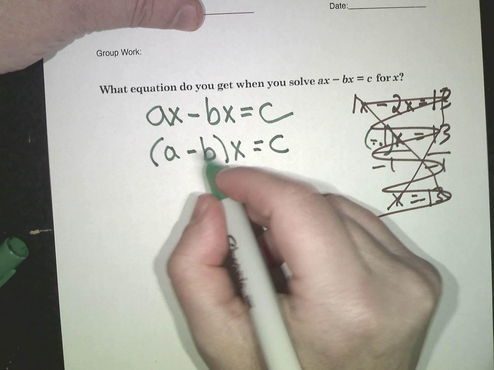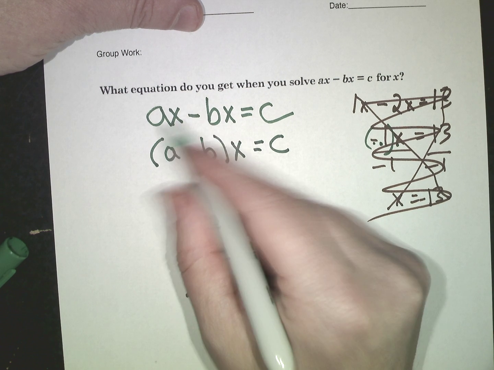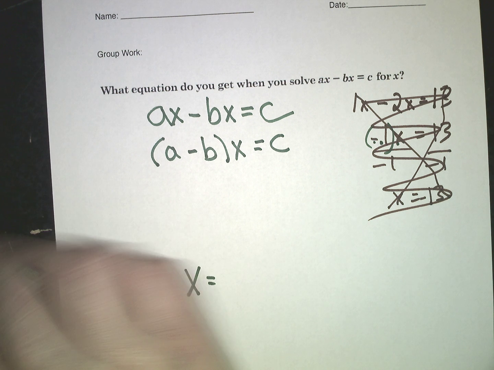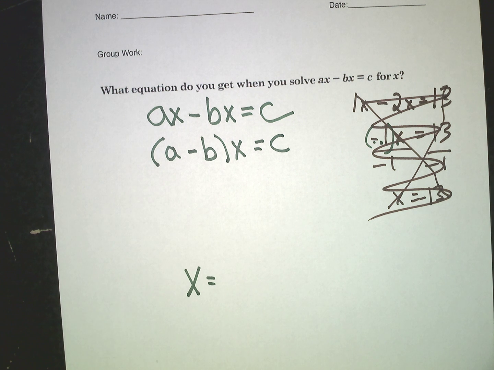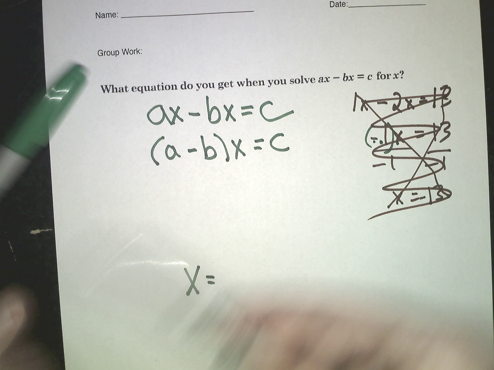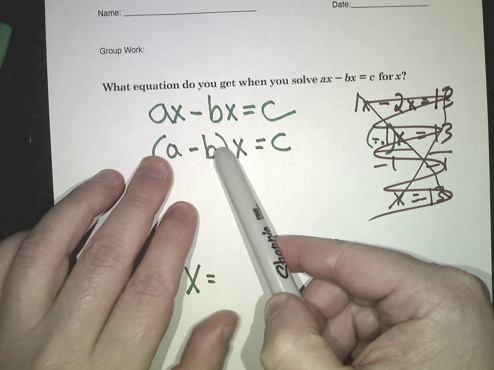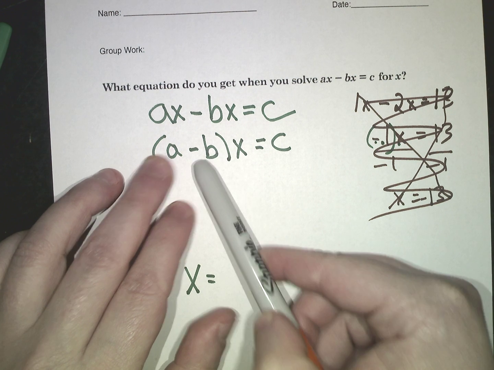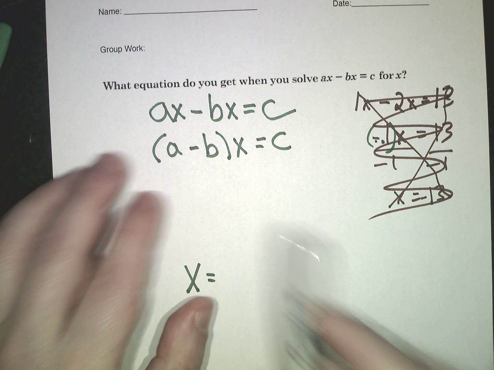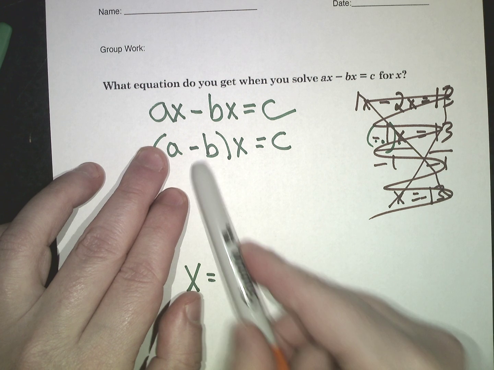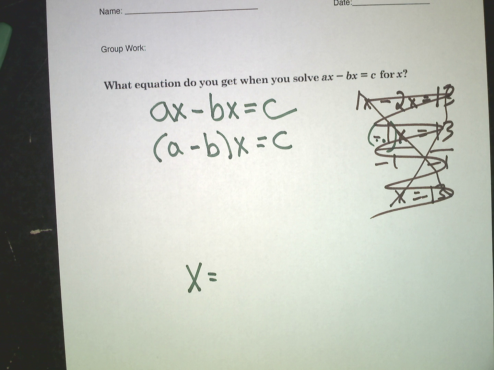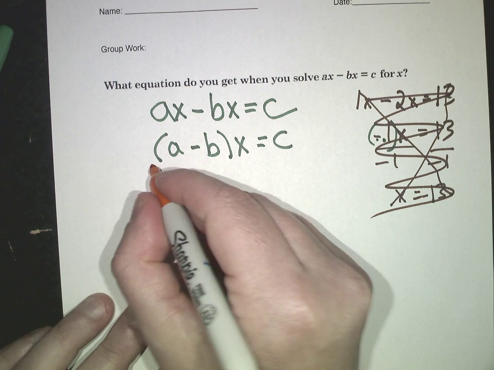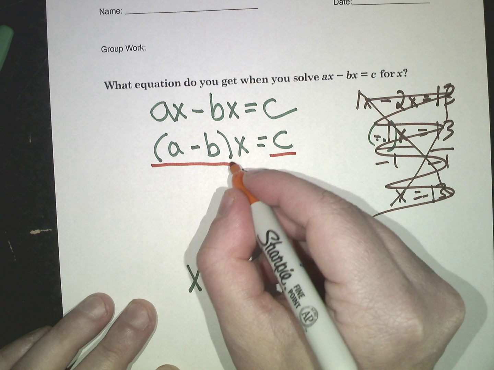Now whatever this number is, when I eventually give someone a value for a and b, let's say it is 4 and 3, then it'll make more sense. Then it'll become 4 minus 3 is 1, and you divide both sides by 1, or 4 minus 2 becomes 2, and you divide both sides by 2. Then it would be easy. But what we've got to do is remember we've got to do the same things here. So this number, a minus b, is just a number.